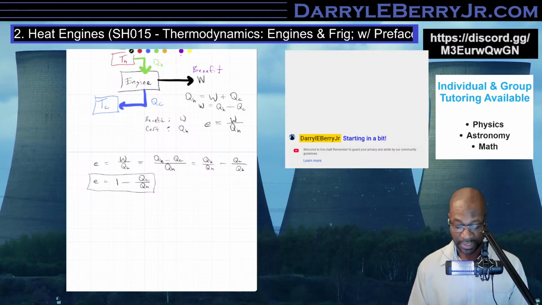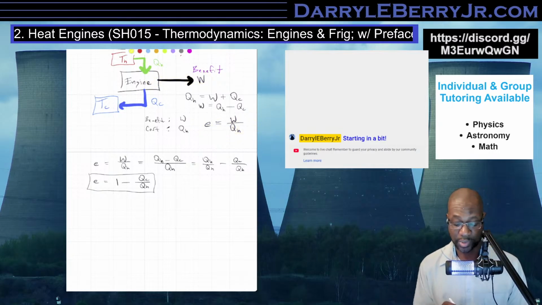So again, if no heat goes out into the cold reservoir, meaning 100% of the heat is converted into work, then QC will be 0, and thus we have our efficiency of 1. So we can see how we still have an efficiency of 1 with this equation here, where 100% of the heat is turned into 100% work, and thus E equals 1.